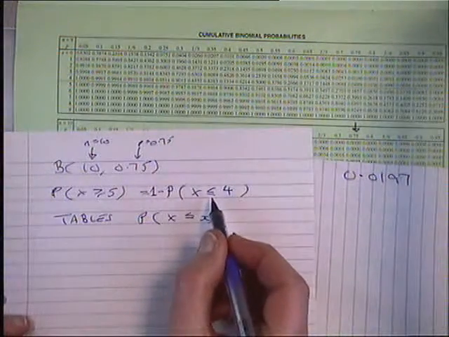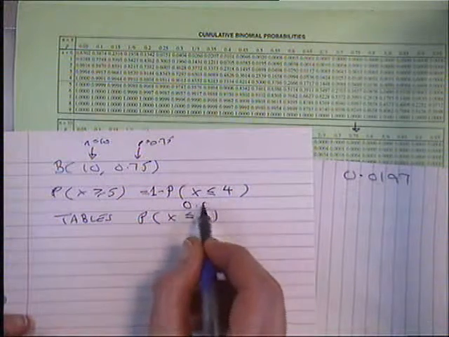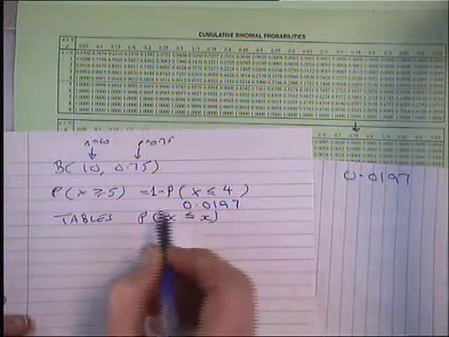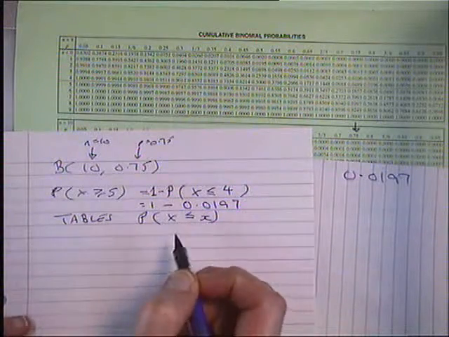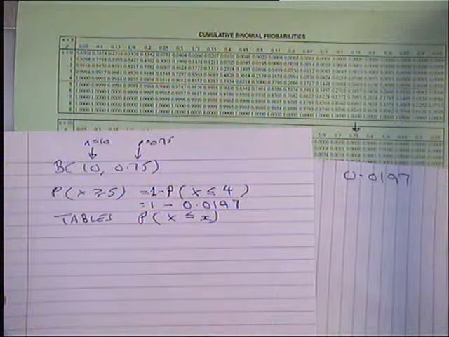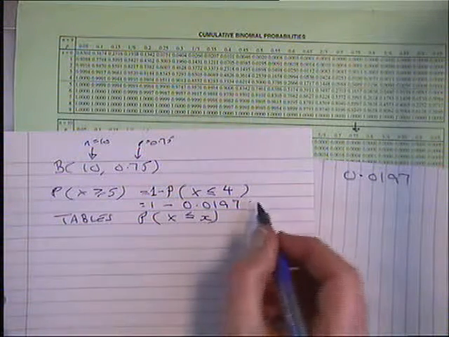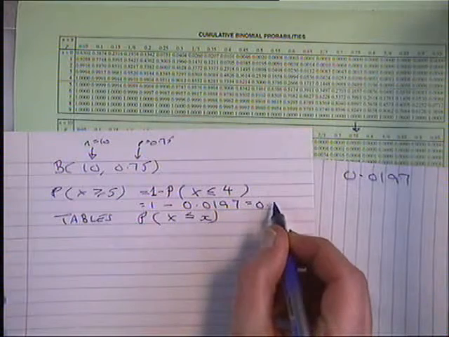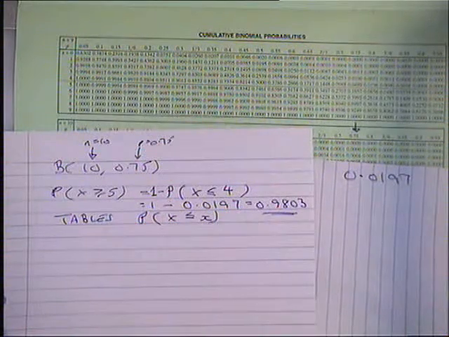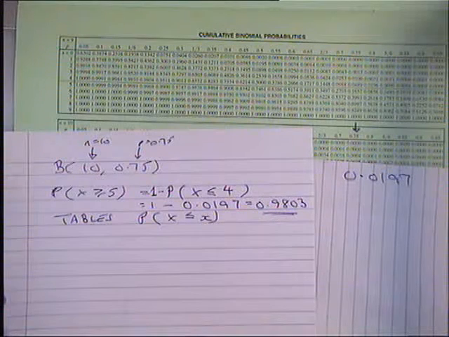So x less than or equal to 4 is 0.0197. If I do 1 minus that number, I will get the probability that I actually wanted. And if you do that taking away, you get 0.9803. And that is the answer to that question.